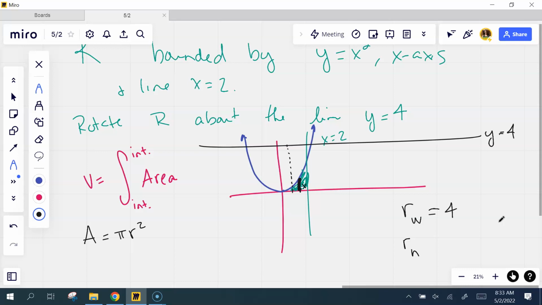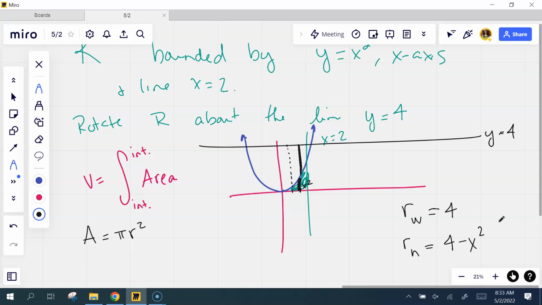This part is x squared, but if you think about what's being rotated around, I've got the whole thing, now I need to subtract out the white part, the part with no shading in it. So what is this distance? Because that's where there is no space. That's 4 minus x squared. That's exactly right.